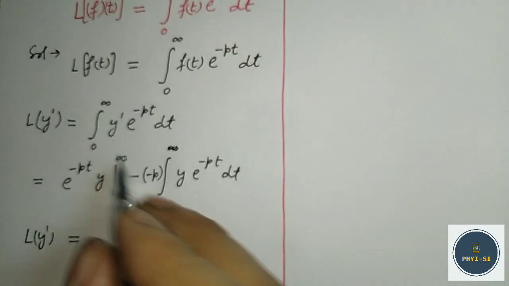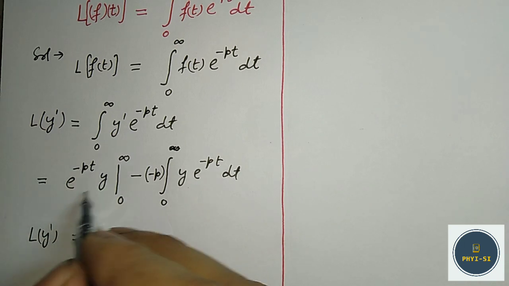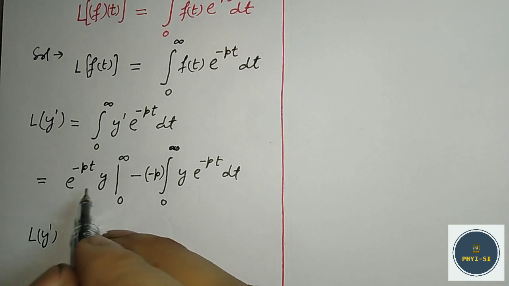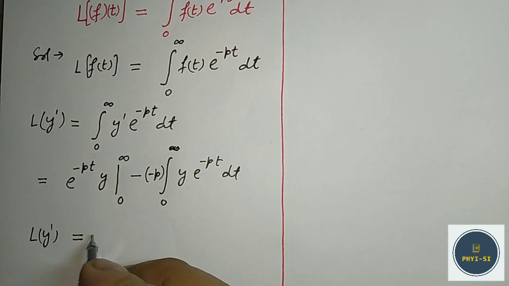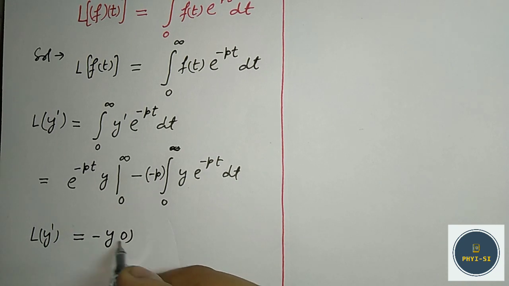When we apply the limit infinity it becomes 0, and when we put 0 we get just y at 0. I can write it as y at t equal to 0.